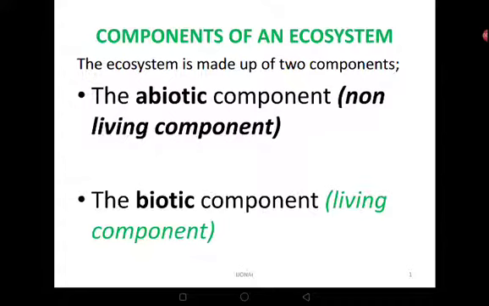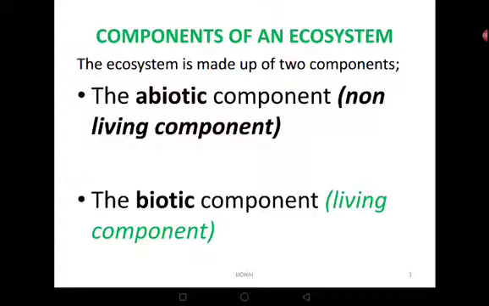So today we are going to look at components of an ecosystem. And the ecosystem is majorly made up of two main components. We have the biotic component, which involves the living organisms in an ecosystem, and then it also involves the abiotic component, which is a composition of the non-living components.